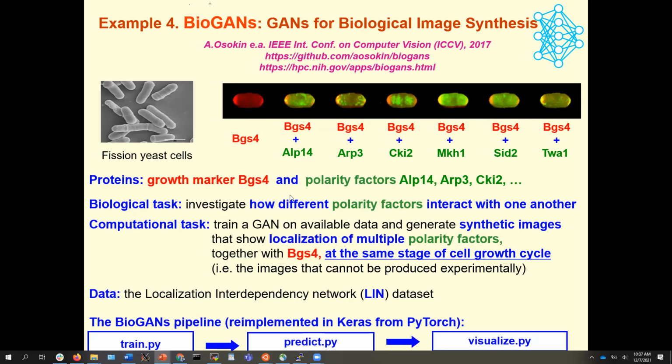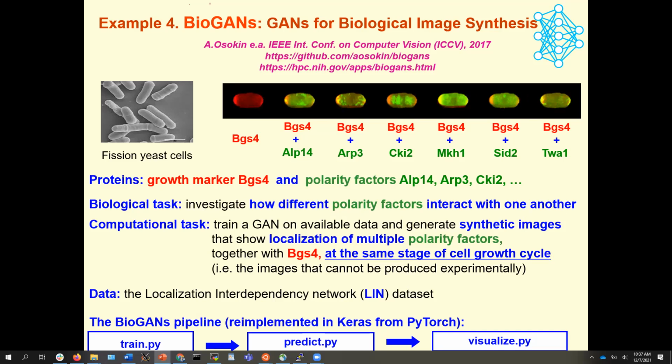So the biological task posed by researchers was how different polarity factors interact with one another. And to solve that task, ideally, they would need to see the distributions of all these polarity factors simultaneously at the same stage of the cell growth cycle.